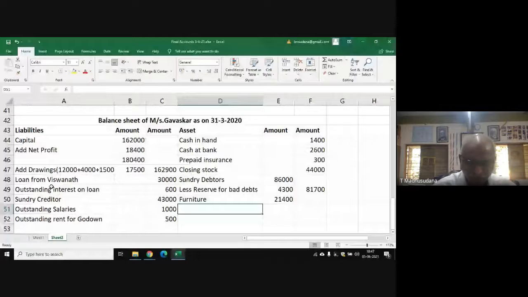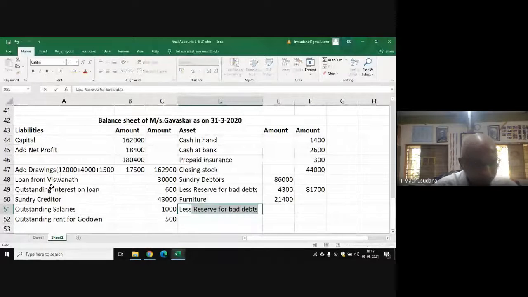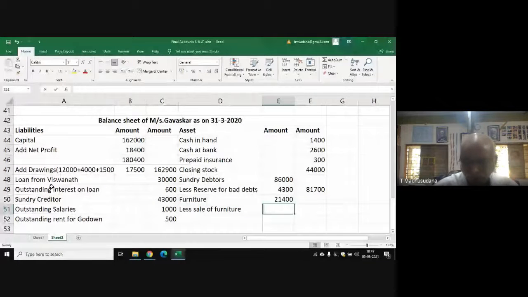That is to be deducted. Therefore, less sale of furniture, 1,400, leaves 20,000.